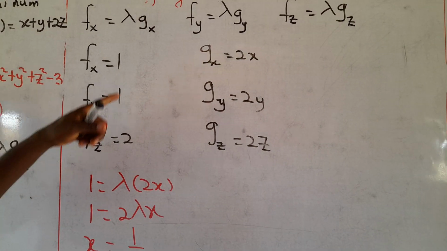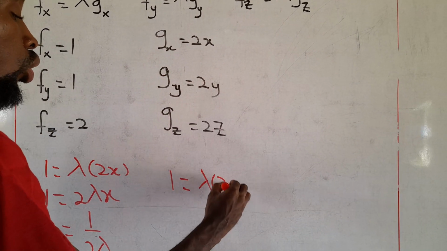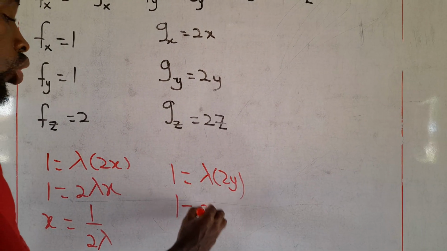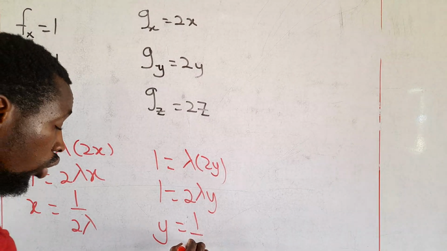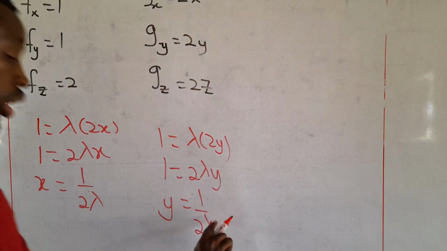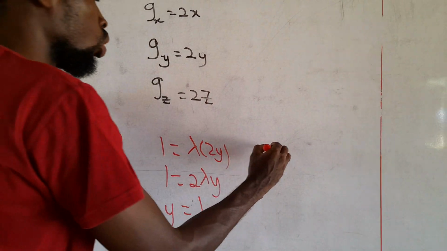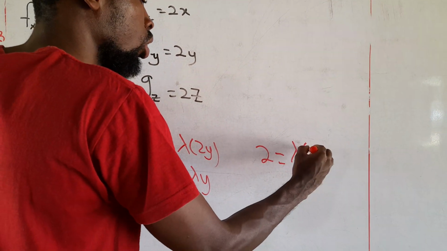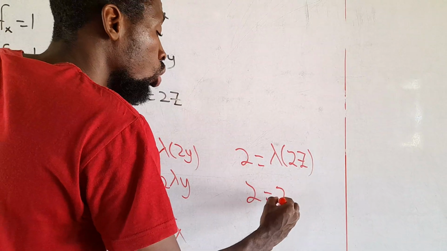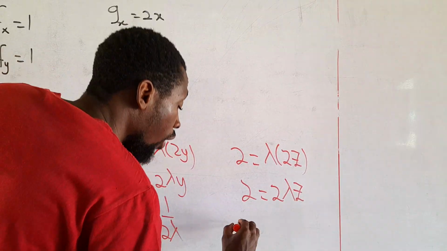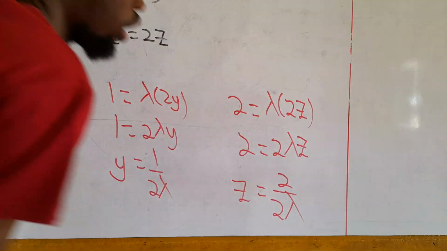When we substitute the y, we have 1 is equal to lambda times 2y. 1 will be equal to 2 lambda y, and our y will be equal to 1 over 2 lambda. Then when we substitute the z, we have 2 will be equal to lambda times 2z. So 2 will be equal to 2 lambda z, and our z will be equal to 2 over 2 lambda.